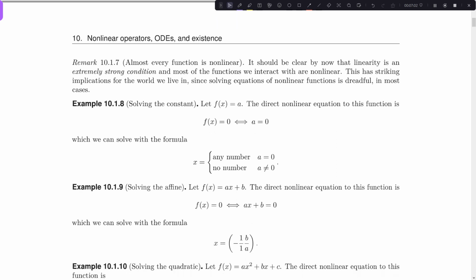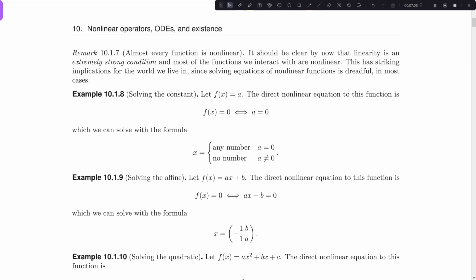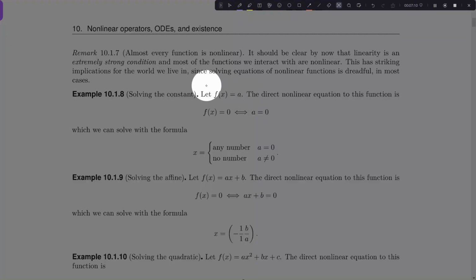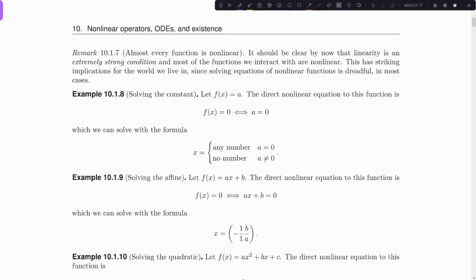So we provide some examples about how much harder it is to invert nonlinear functions than linear functions. If I look at the constant function, which is nonlinear, and I decide to solve that equation equal to 0, then that's basically me saying, what are the values of x that I would plug into f to get 0? It's any number if a is 0, but it's no number if a is non-zero, right?